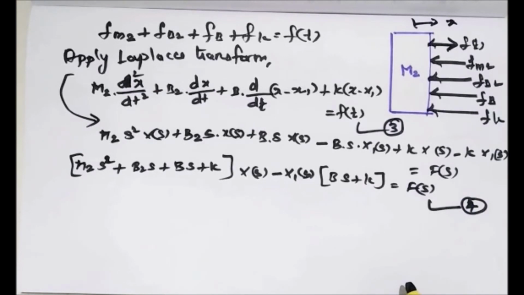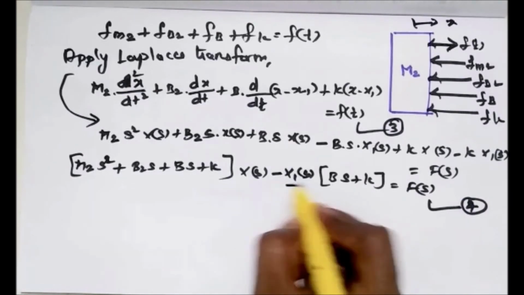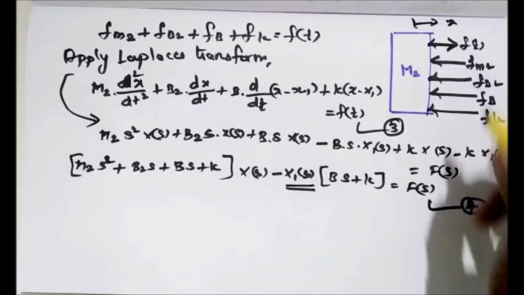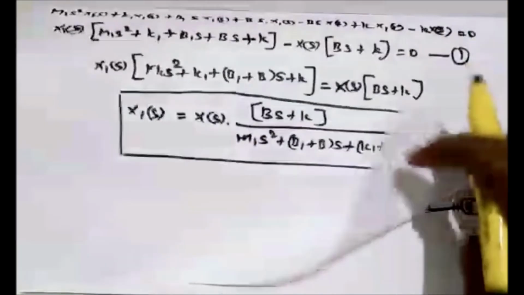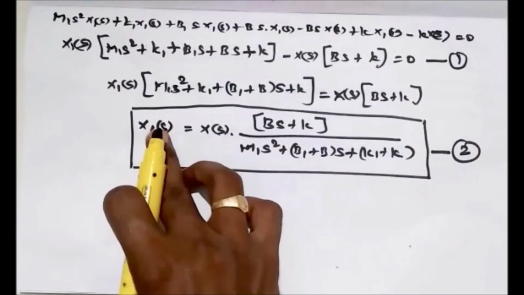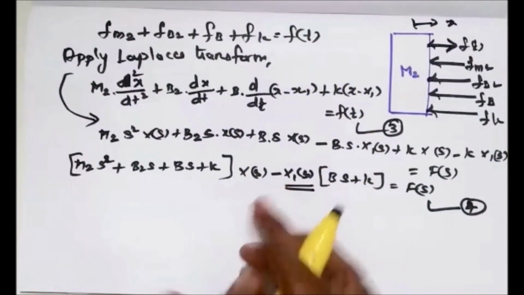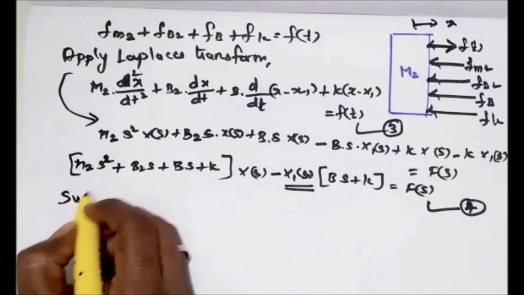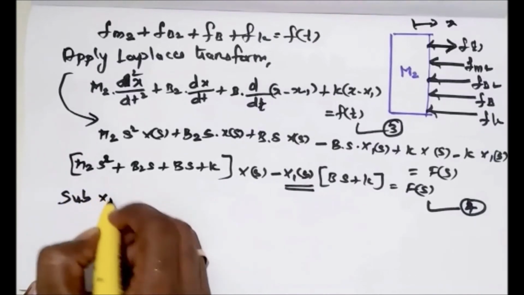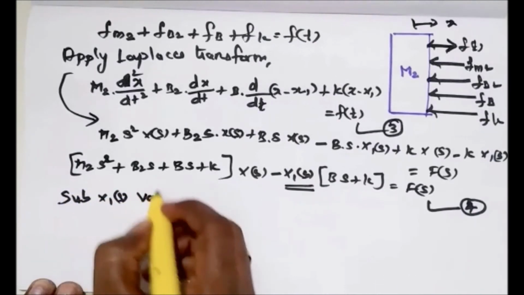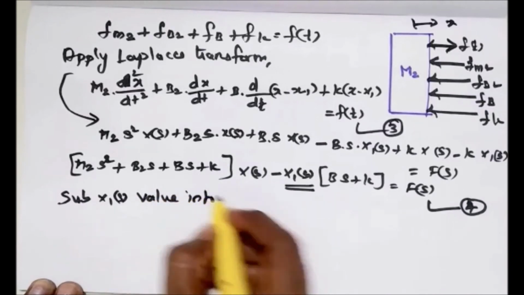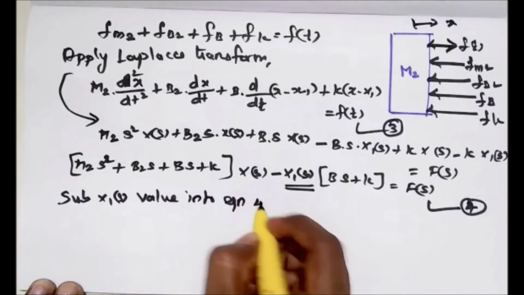So now we have to substitute the x1 of s value here. We already derived the x1 of s value, so this is the x1 of s value. We have to substitute it into equation number 4.